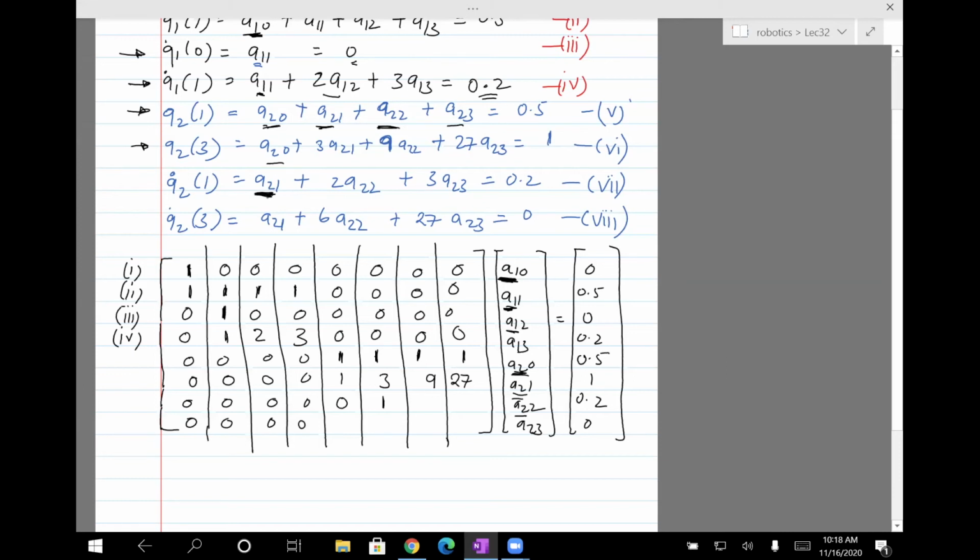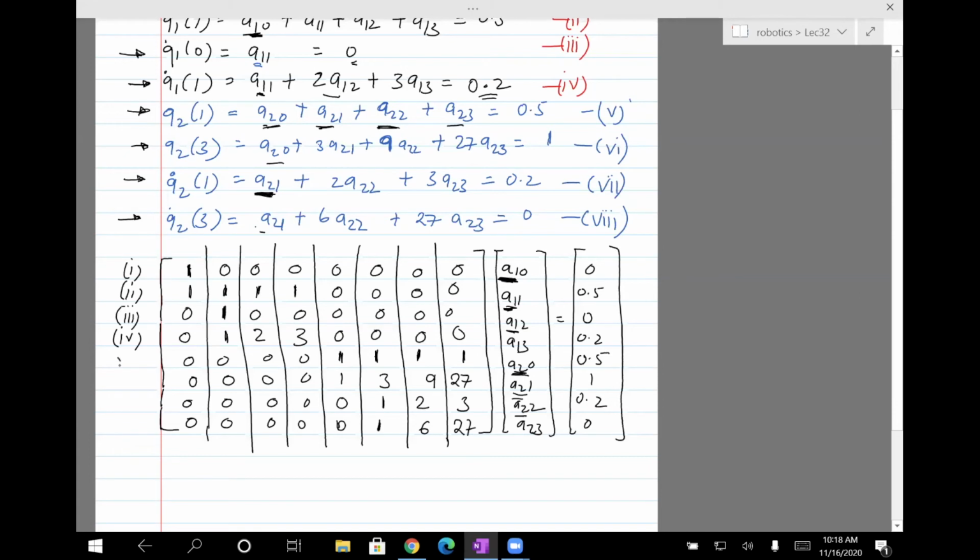So a21 is 1, and then 2, and then 3. Okay, that takes care of equation 7. And then 8, we have 0 for a20, because there's no a20 in the eighth equation. And then we have 1 for a21, 6 for a22, and then 27 for a23.